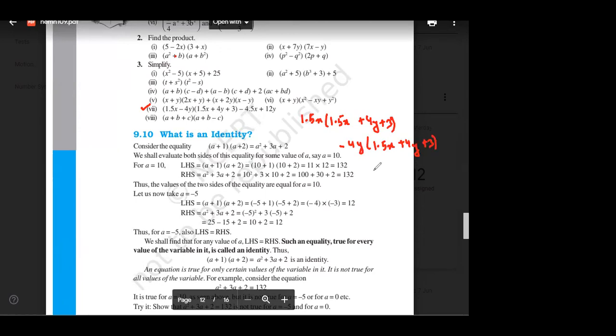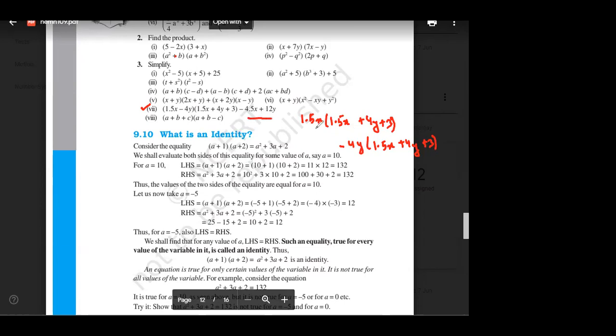Okay, anyone have any doubt on this first step? Sinchana, you got this? And the last two terms I'm not writing now, because I will write them as they are at the end.